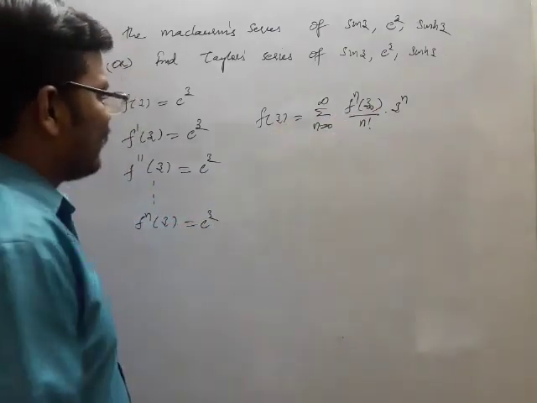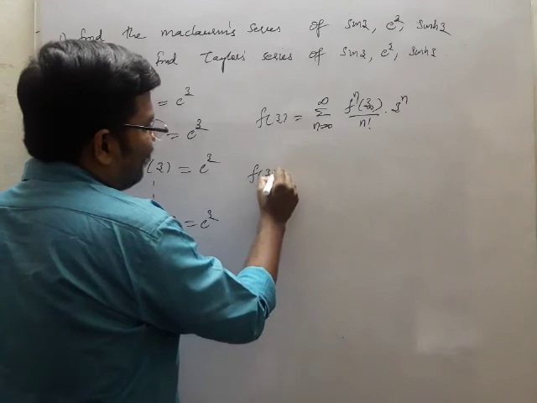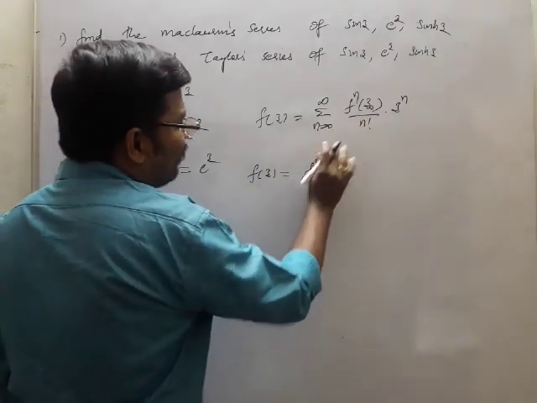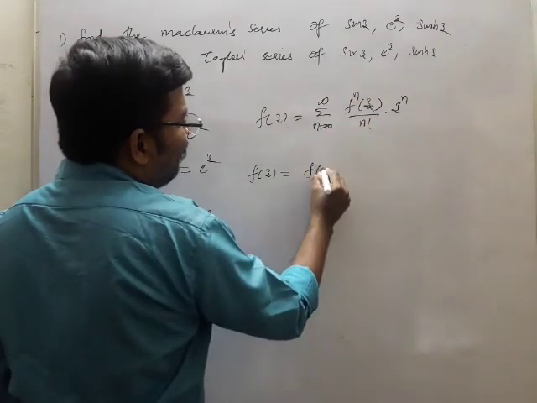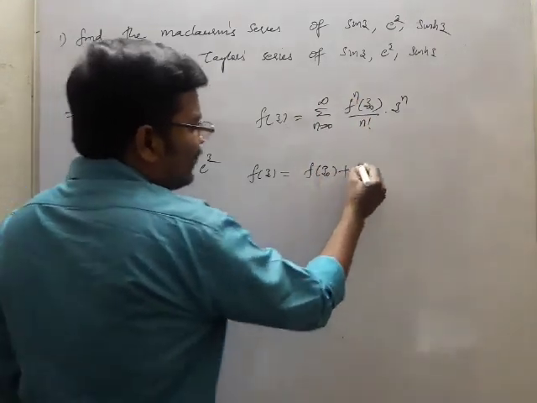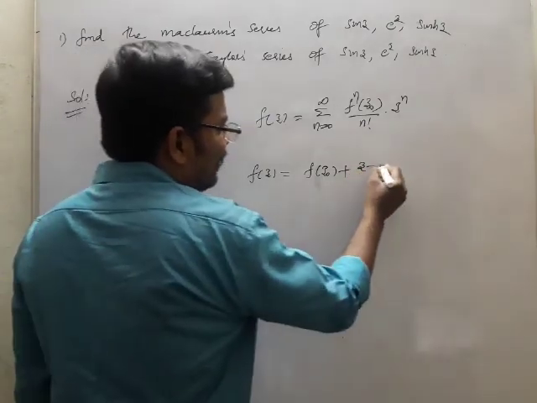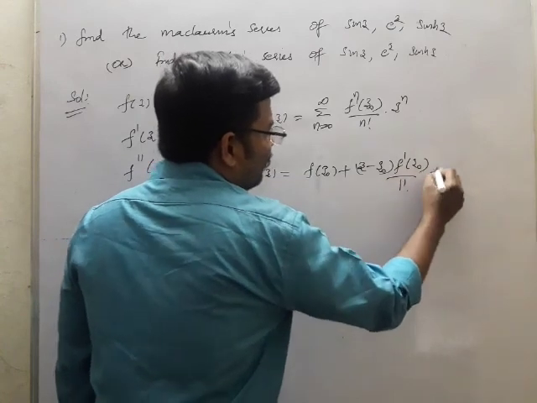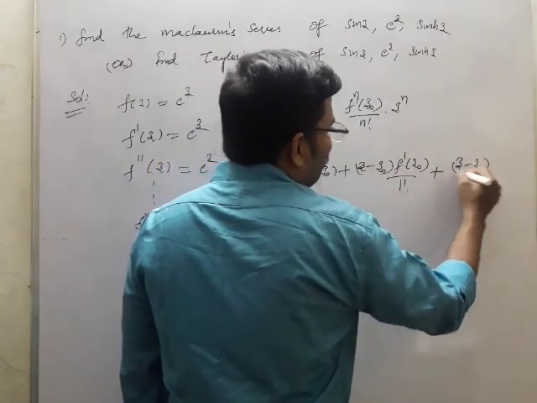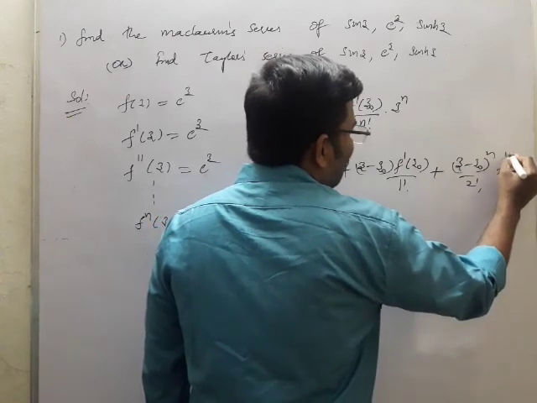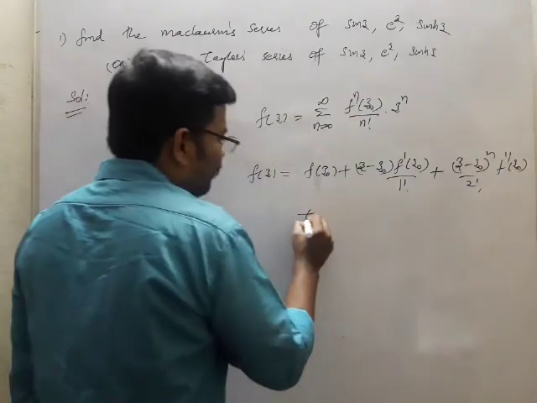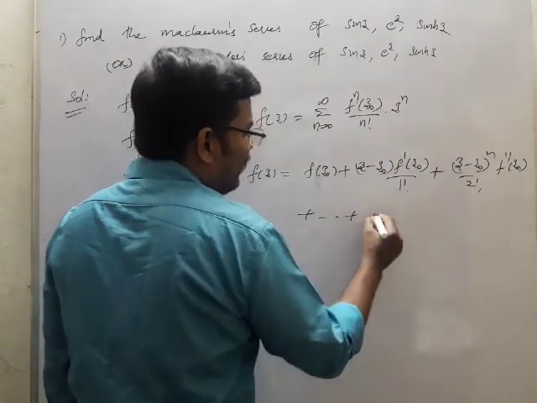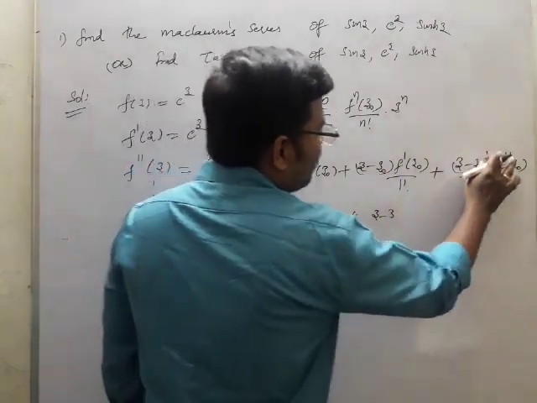Now I'll write it in this form: f of z is equal to f power 0, which is f of z naught, plus (z minus z naught) into f dash of z naught by 1 factorial plus (z minus z naught) whole square by 2 factorial into f double dash of z naught plus and so on, plus f power n of z minus z naught whole square.